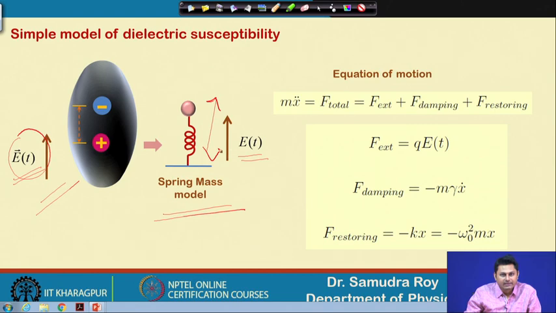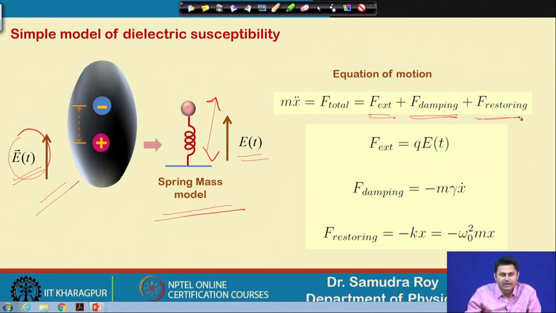frequency, and this vibration can be modeled by the straightforward equation of motion, which contains a few forcing terms. We have already explained this: some external force due to this external electric field, then the damping force, which is the material property or the spring property here, and then the restoring force.